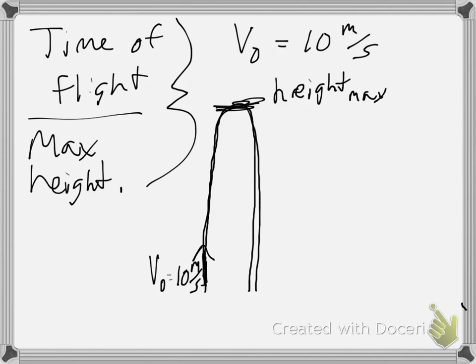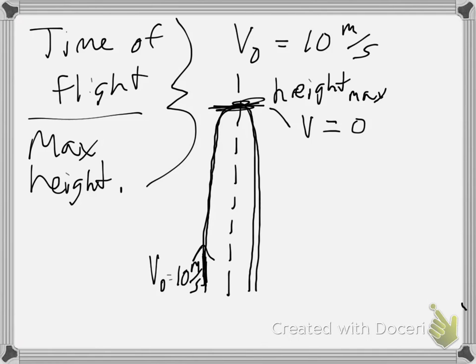Well, it can be done a couple of different ways. But remember what I said, the flight is going to be symmetric. So what I can do is use the fact that at the top the velocity is going to be 0.